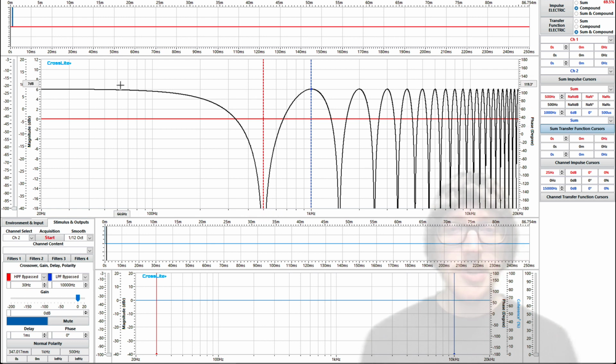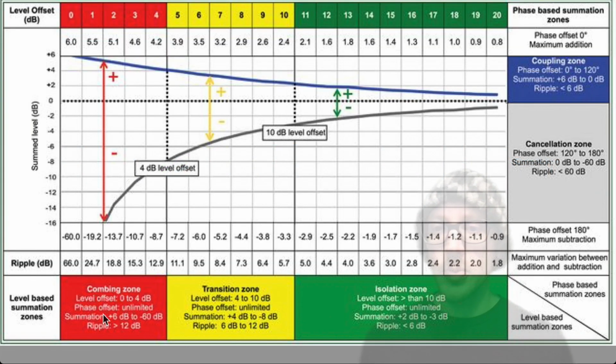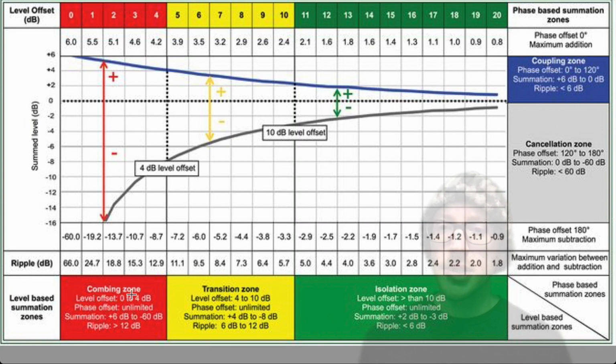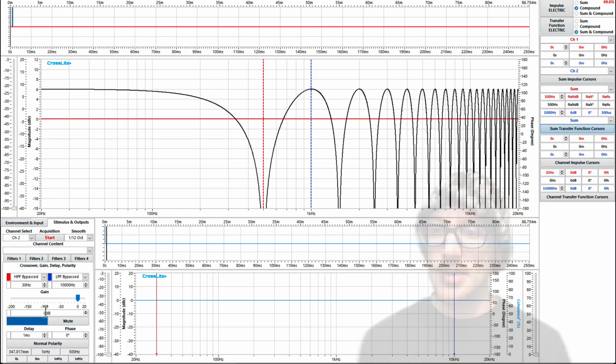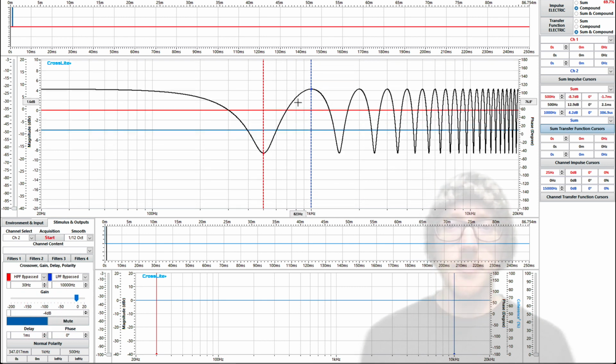So let's look at how Bob McCarthy's summation zones can help us describe some of this interaction. Let's start with the combing zone. The combing zone says that if you have a level offset of 0 to 4 dB, then the ripple will be greater than 12 dB. So let's turn down channel 2: 1, 2, 3, 4 dB.